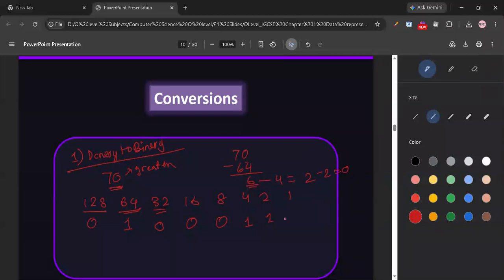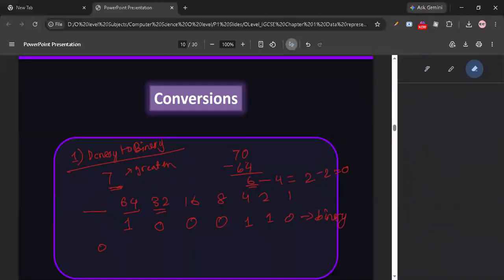And 0 is not greater than 1, so we put 0 for the last one. So this is the number 01000110. This is the binary. That's it. All right, let's move on to the next one.